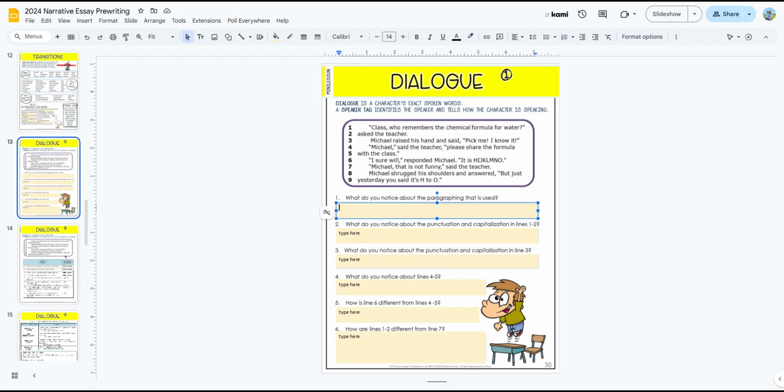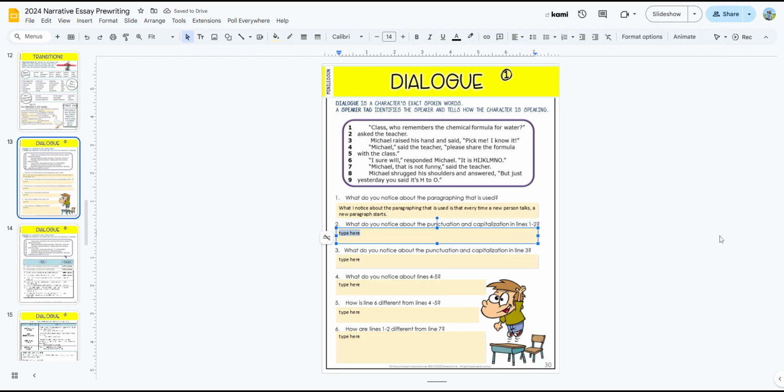So I'm going to say what I notice about the paragraphing that is used is that every time a new person talks, a new paragraph starts.